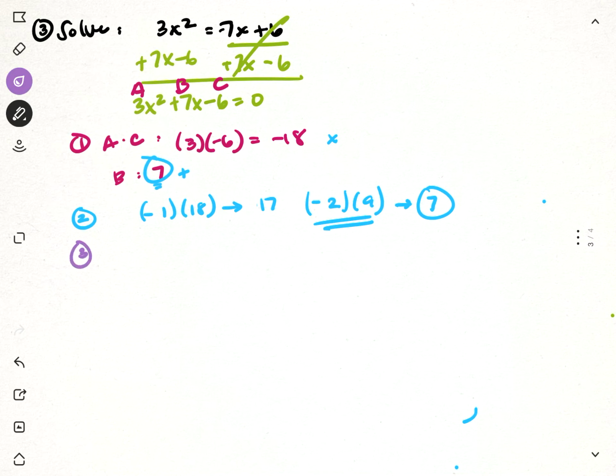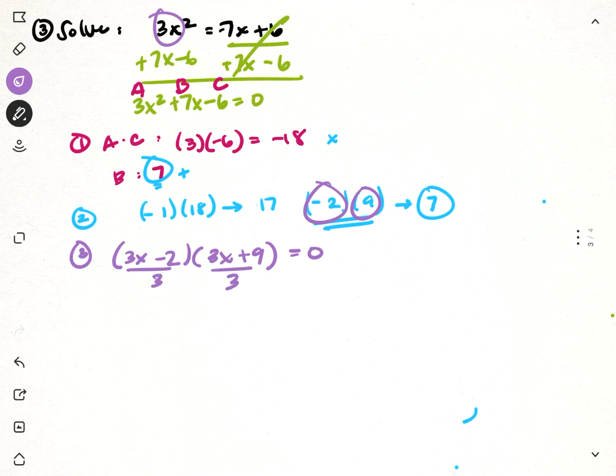Okay, step 3, we're going to take our 3x. So we're going to put 3x in parentheses, 3x in parentheses, and then we're going to put in our minus 2 and our plus 9. That's going to be equal to 0. And then we want to divide by 3, because 3 is in front of the x.